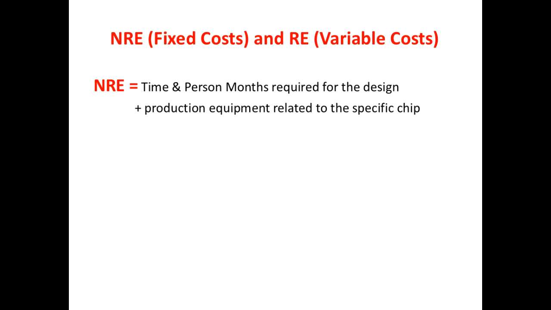Then you had to add the production equipment related to the specific chip. The production equipment related to the specific chip are, for example, the masks for the lithography that have to be done for every specific chip design. Essentially, that's it.